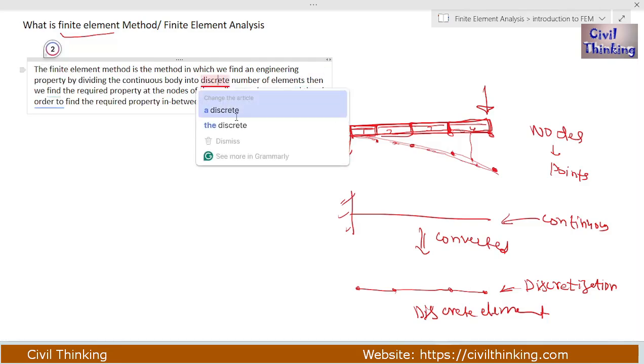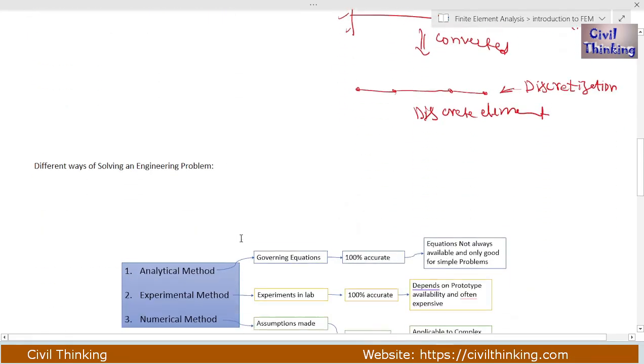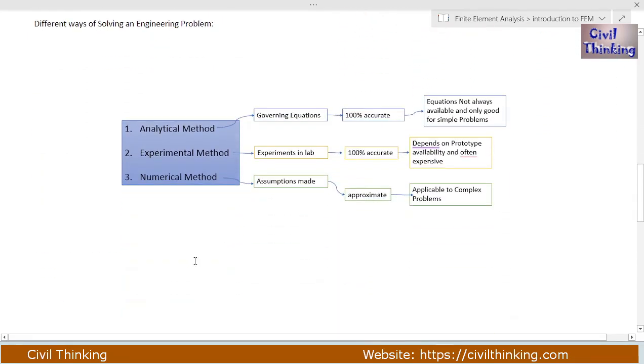So I hope you got the basic idea in simple terms. Let us move on. Now we have different methods of solving an engineering problem. First of all, what is an engineering problem?